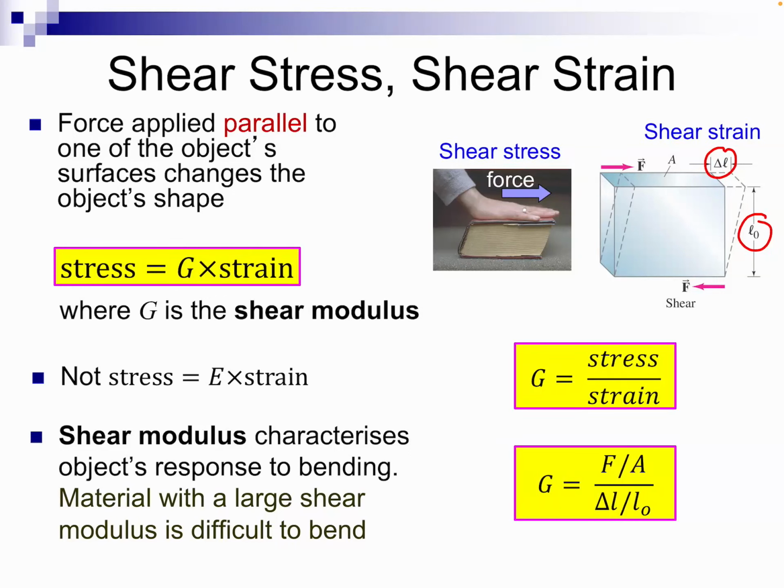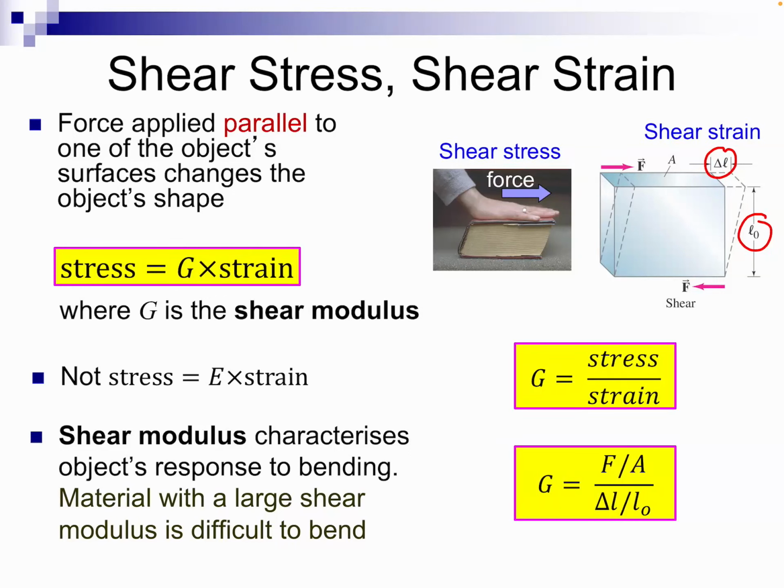The elastic modulus for shear stress is referred to as the shear modulus. So instead of using elastic or Young's modulus E, the stress and the strain will then be related via the shear modulus. Strain is still directly proportional to the stress. The change in shape is still directly proportional to how much shear stress you apply to the object.